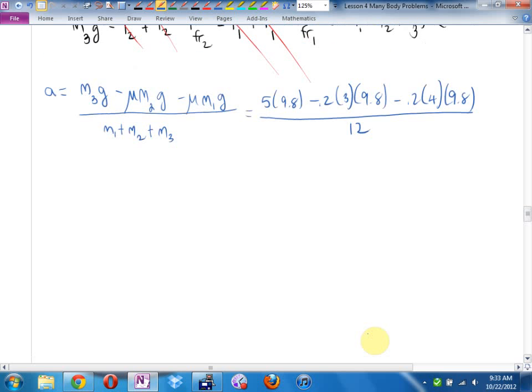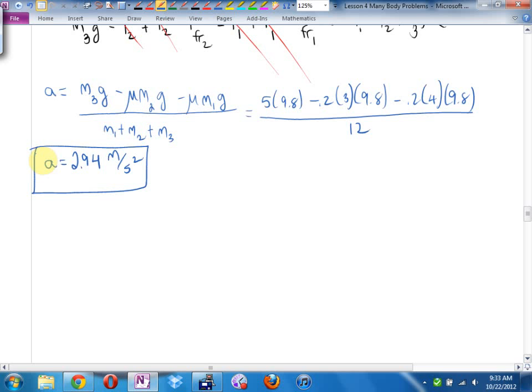Have I got lots of room? Good. What's my acceleration? 2.94. That's one of the things they wanted me to find, so I'll put a lovely box around it.